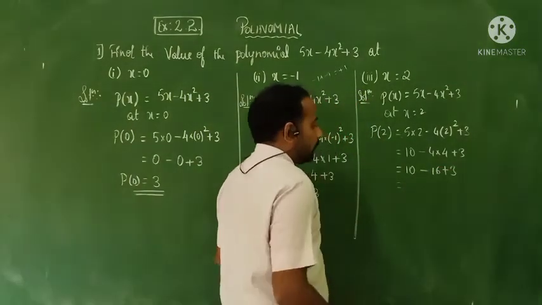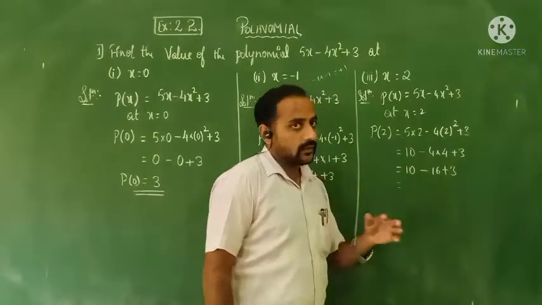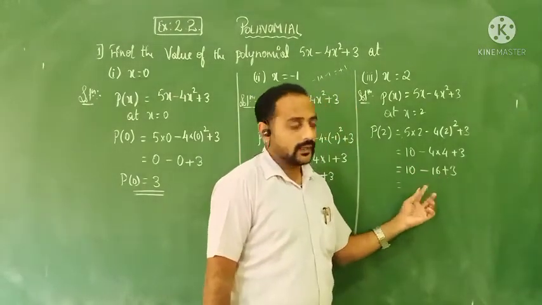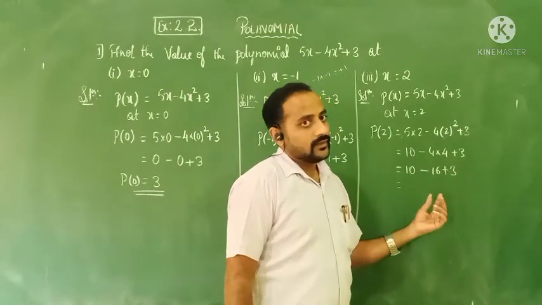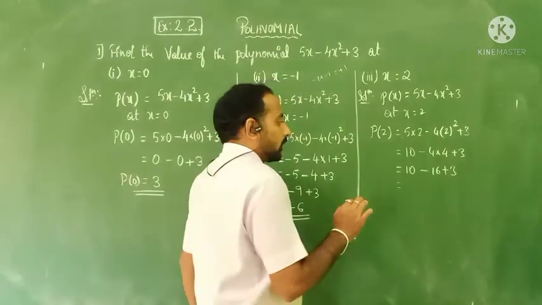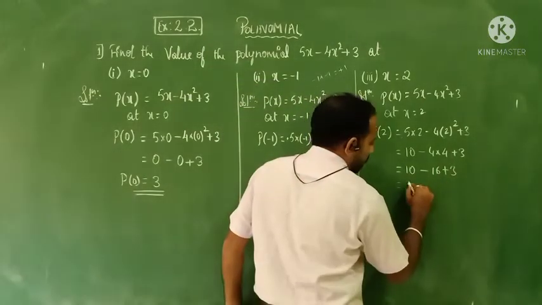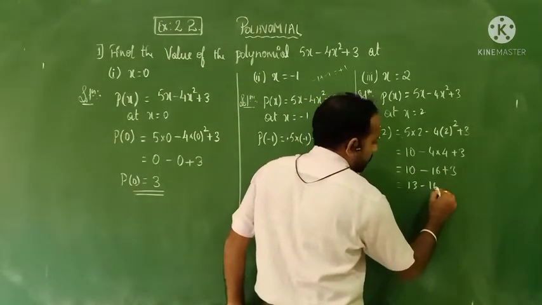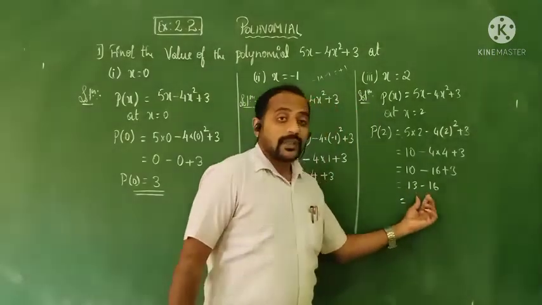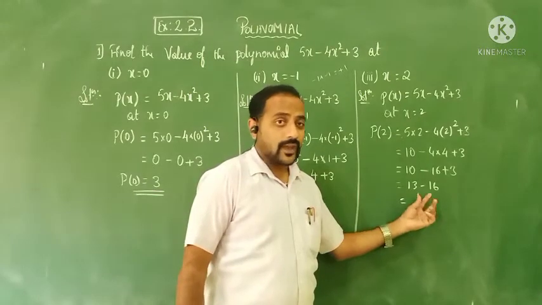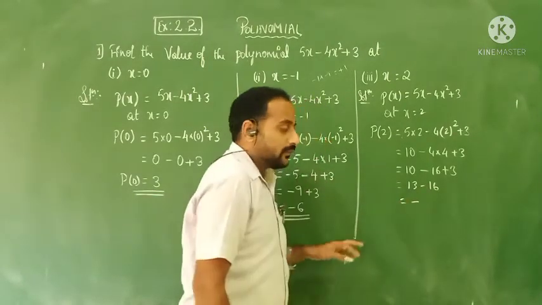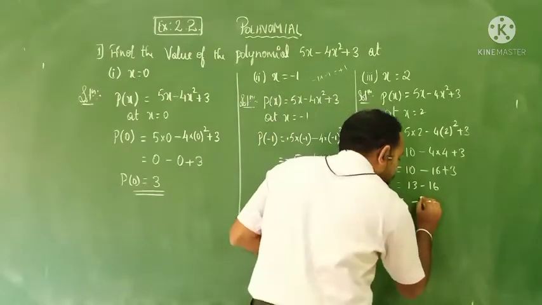Now you can do 10 minus 16, or otherwise, since plus and plus is there, you can add 10 plus 3 is 13, minus 16. You can do it either way. So 10 plus 3 is 13 minus 16. Here we are going to subtract. The greater number is 16, the sign is negative, so 13 minus 16 is minus 3.